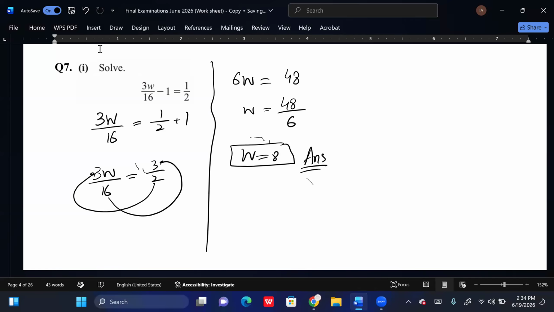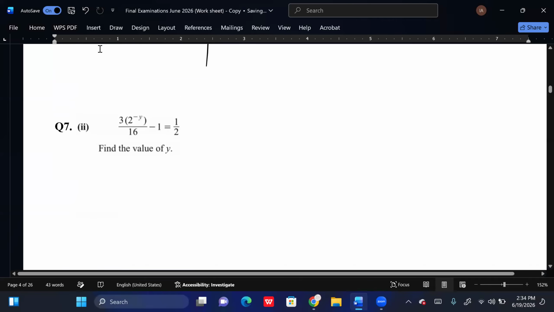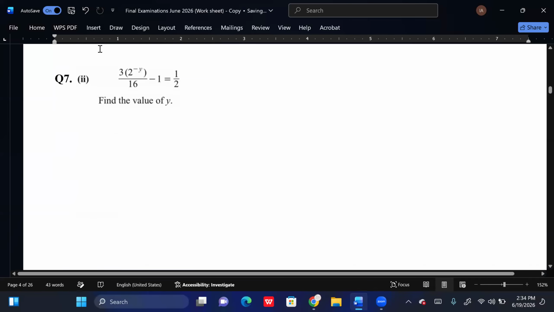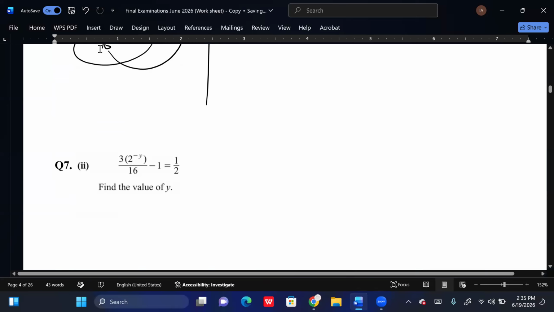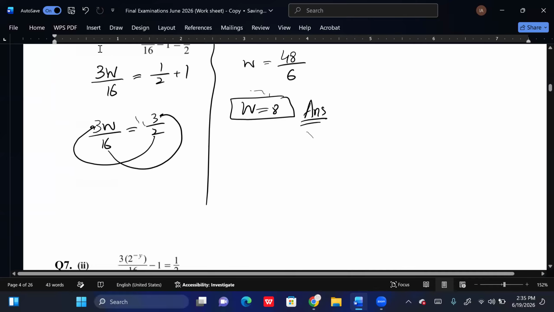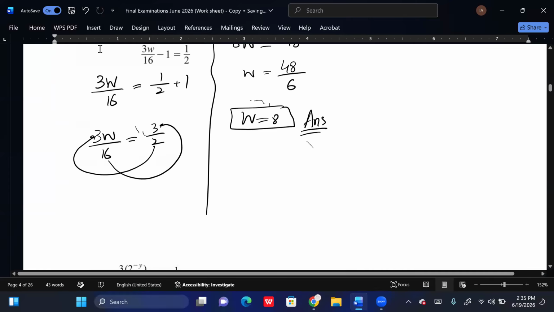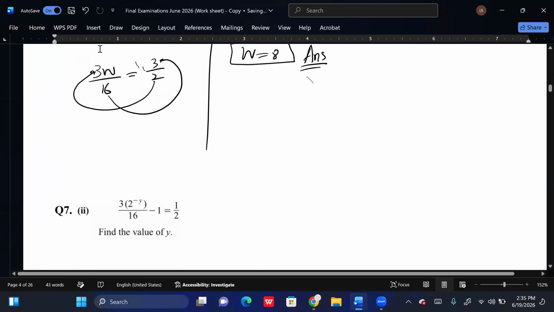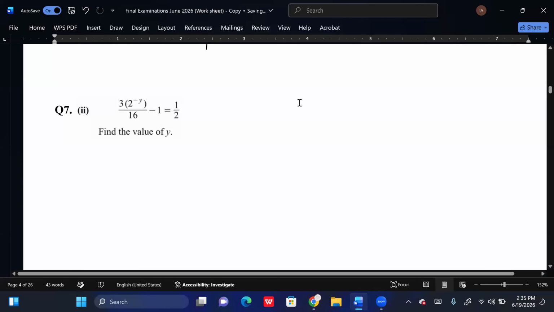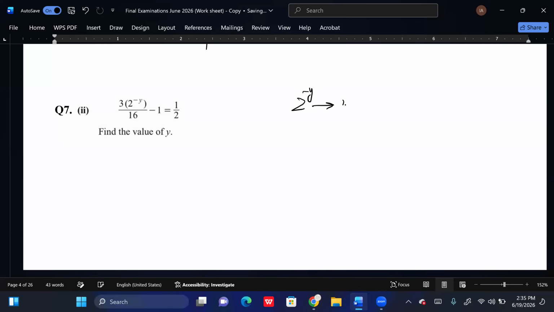Let's move on to the next question, question number 7 part 2. Yes, there is a connection between the two parts. If you look at the first part and the second part, there is a slight change. If you look, 2 power minus y is written in place of w.